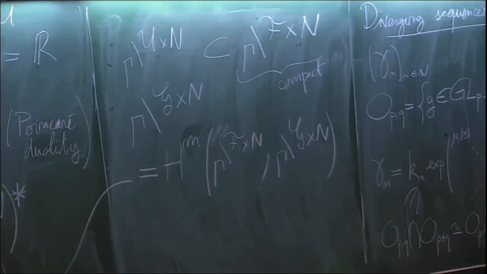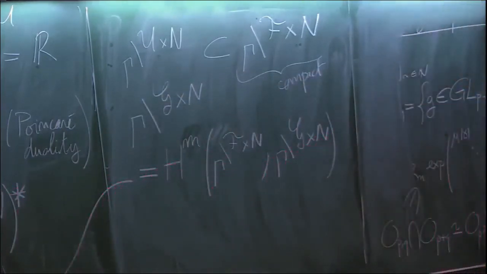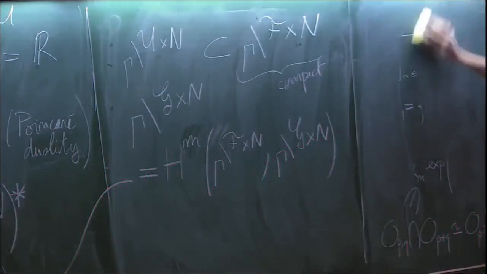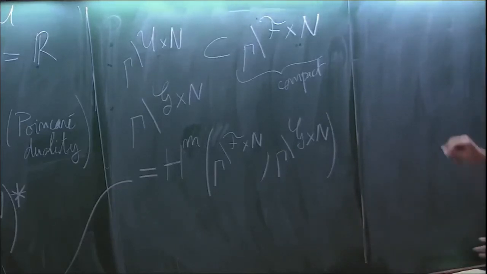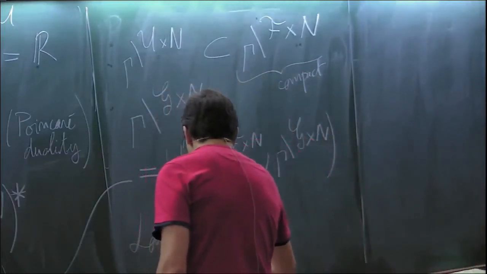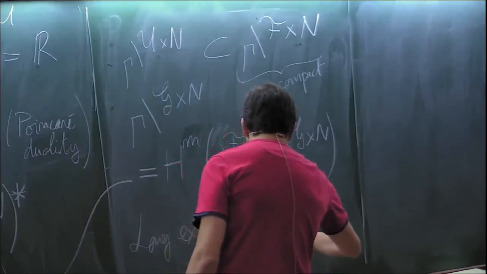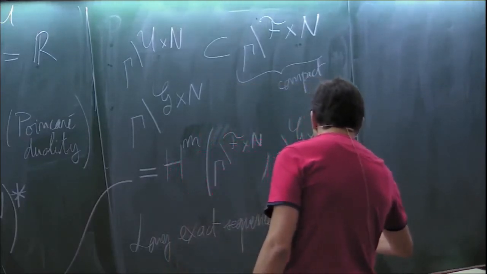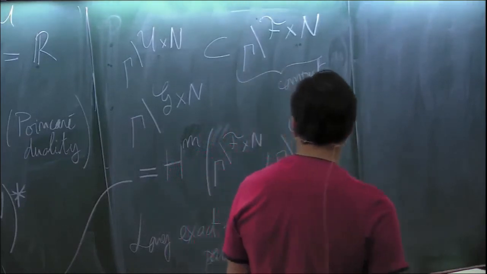Good. So what does the long exact sequence of a pair give? It gives the following.